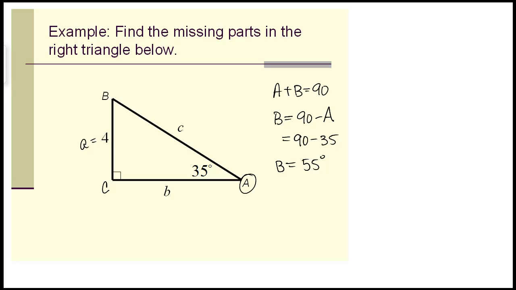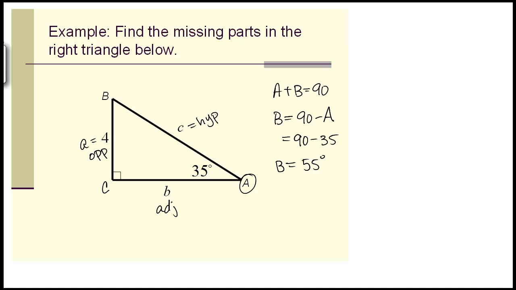Next, I always try to use trig functions whenever possible. So in this case, I'm going to take a look at the angle that I'm given. I'm given angle A, and the side that I'm given is side A. Since this is the opposite, that means that B is the adjacent and C is the hypotenuse.